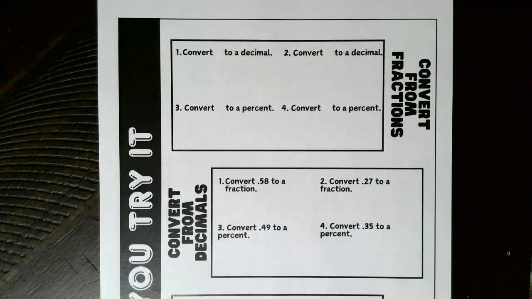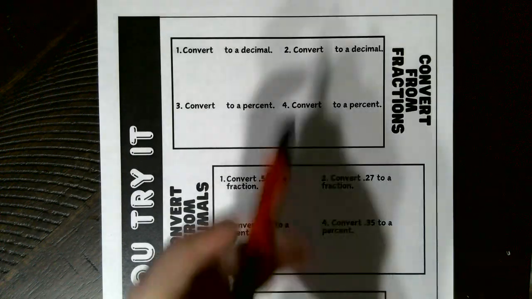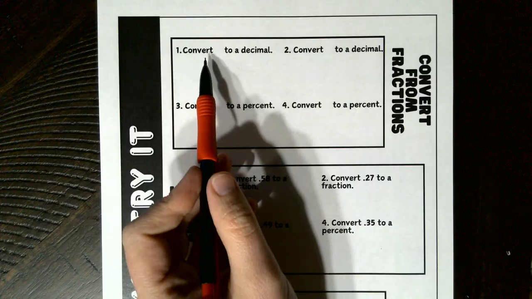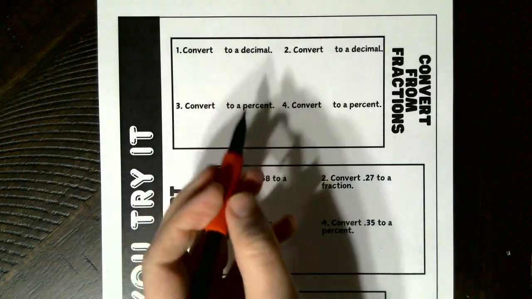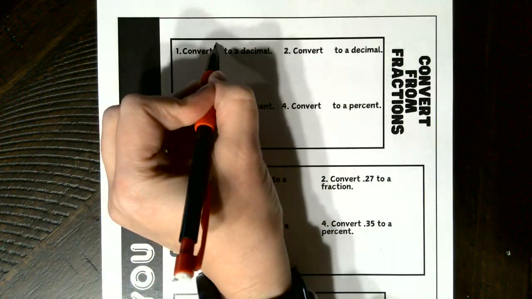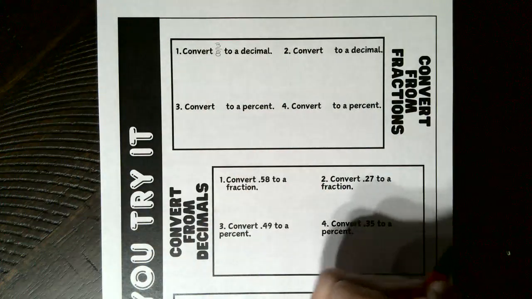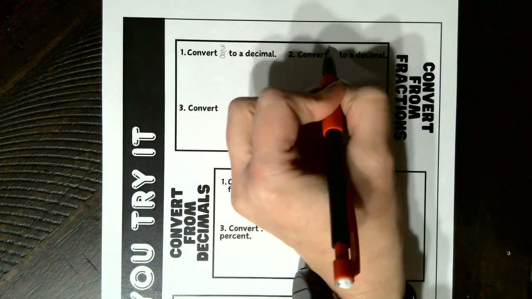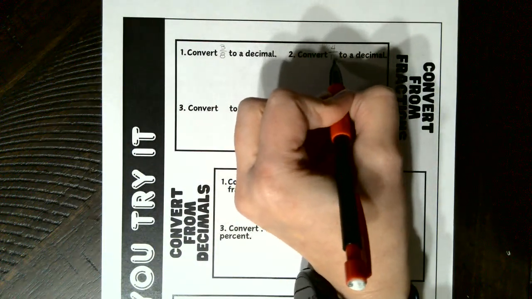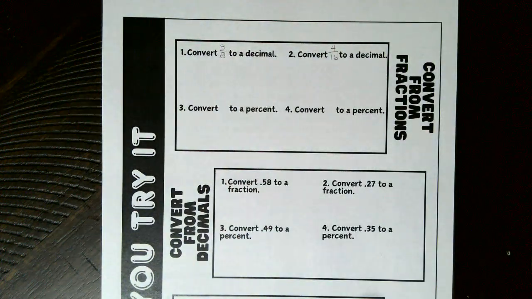Now, I want you to write in a couple fractions here. So for number 1, you are going to convert 3/8 to a decimal. So write that 3/8. For number 2, you are going to convert 4/16 to a decimal.